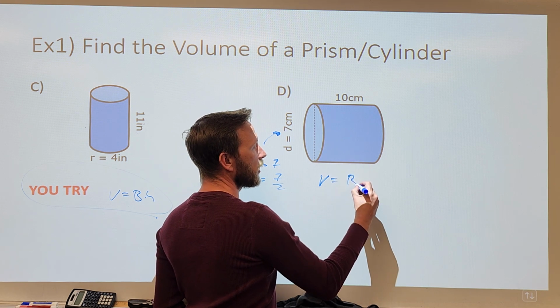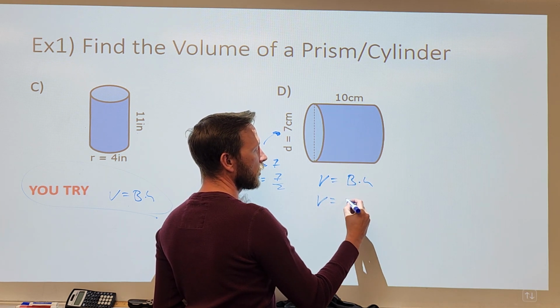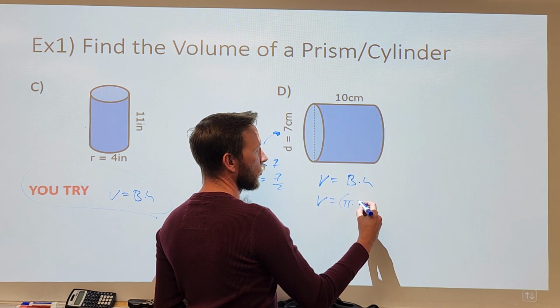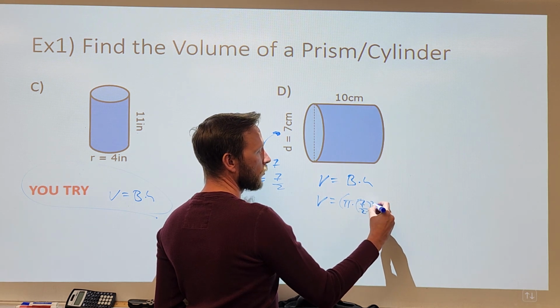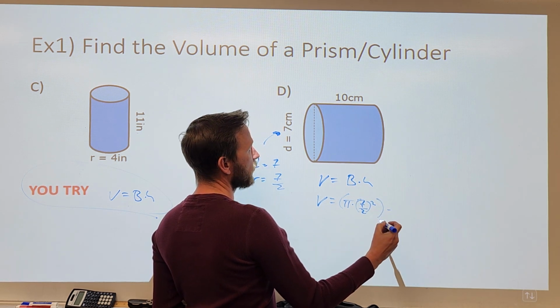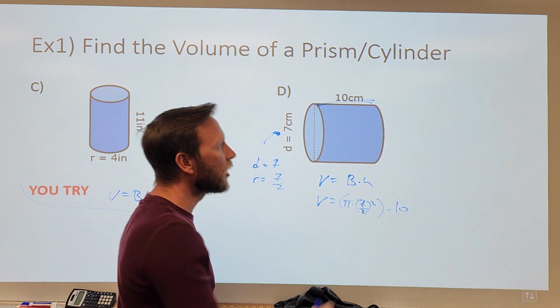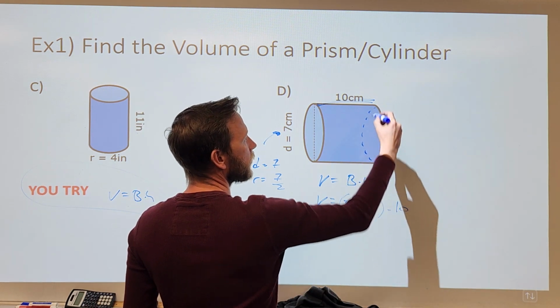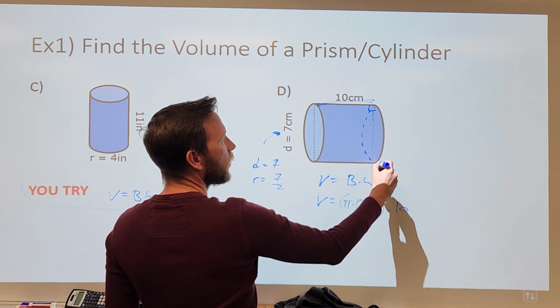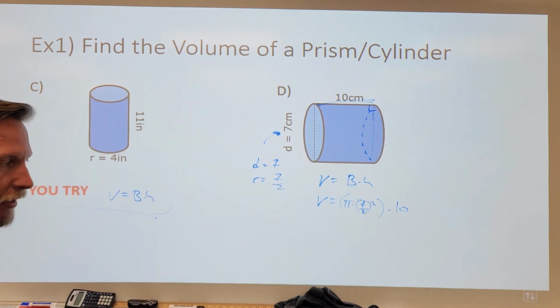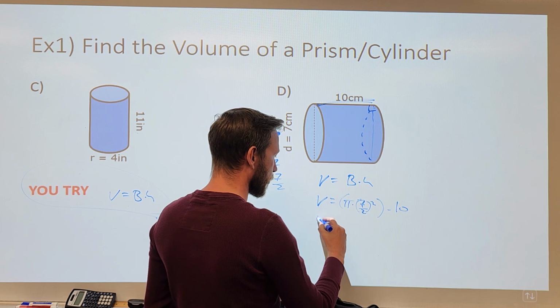The volume is the area of the base times the height. The volume is pi times the radius squared, and then times the height, which here is 10. The height is 10 because it is the perpendicular distance in this right cylinder between those parallel congruent circular faces.